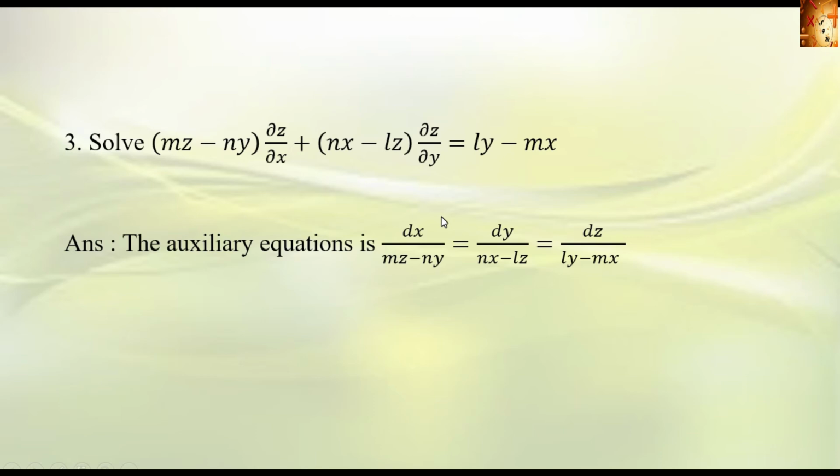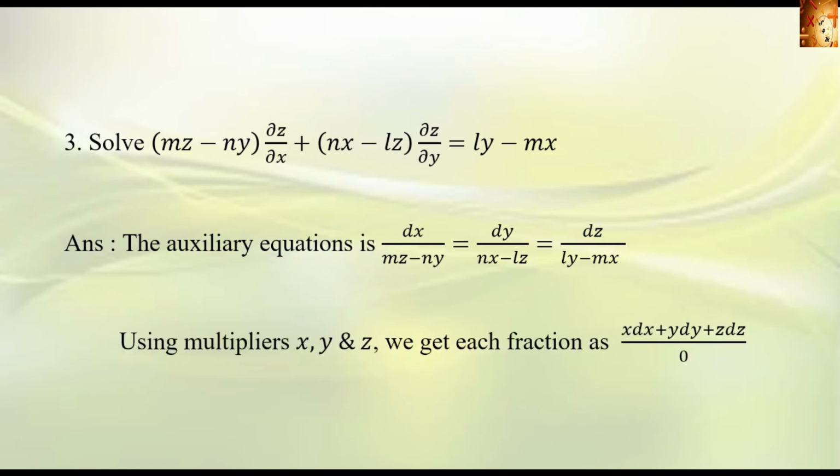So here we are using the second method, that is introducing the multipliers, which are constants or functions of x, y, z. I am introducing the multipliers x, y, z.